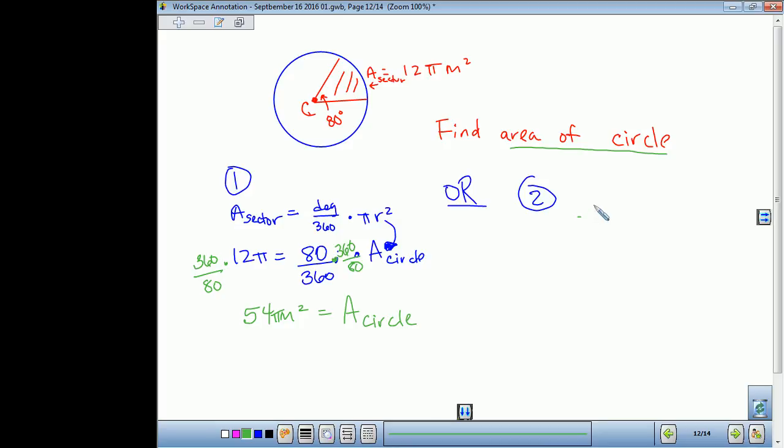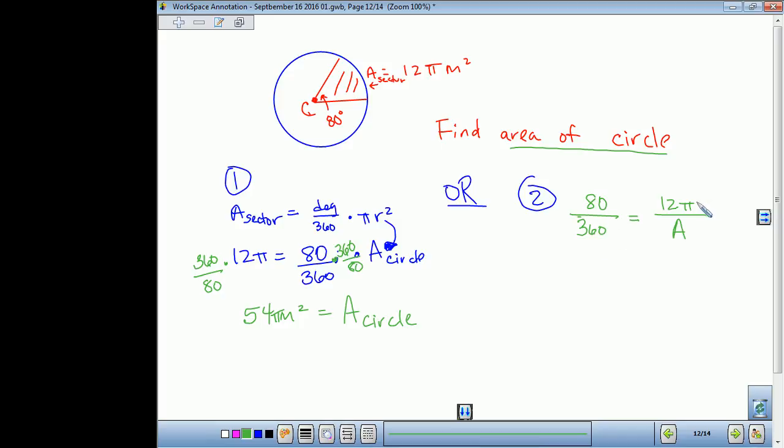Okay, the second way I like better, and it's probably what you would have done if I had taught you anything. And it's proportion. Part over whole. So, degrees over 360 equals, okay, 80 is the part. That's the sector. Over the area of the circle.